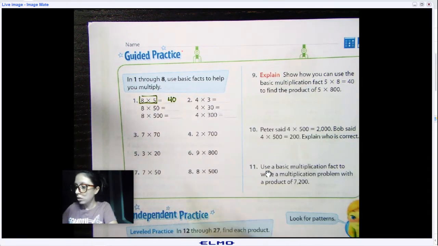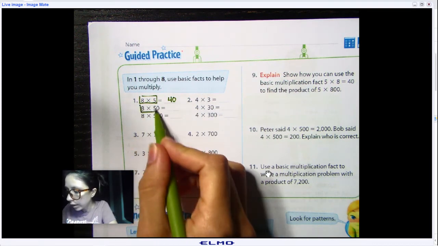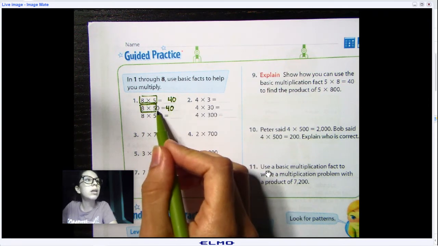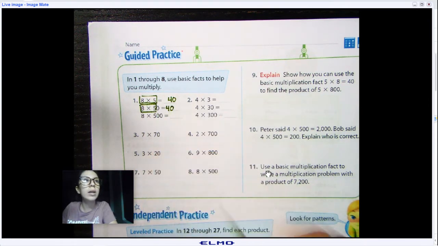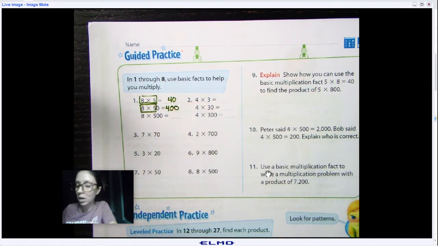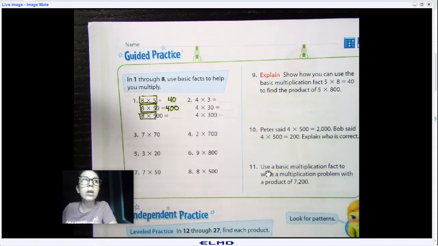What we do, we're going to do the same thing. 8 times 5 is 40. We box that off, and then we just add all the extra zeros. We've got one extra zero, so we're going to add 1 zero there. That's 400.